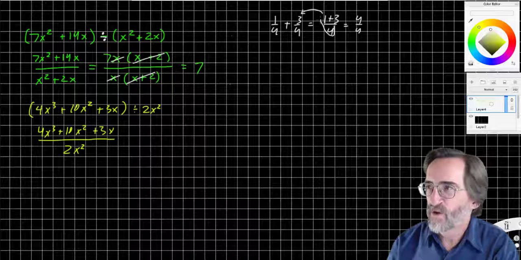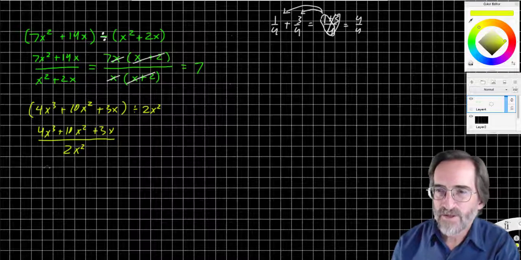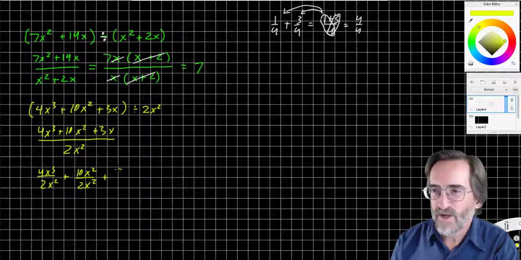We can write this as 1/4 plus 3/4, as two separate fractions going backwards. Same thing here. So this is three separate fractions: 4x cubed over 2x squared plus 10x squared over 2x squared plus 3x over 2x squared.